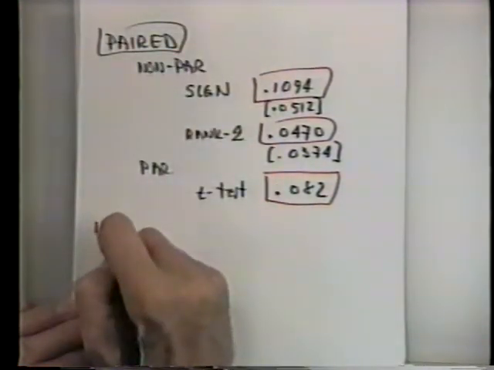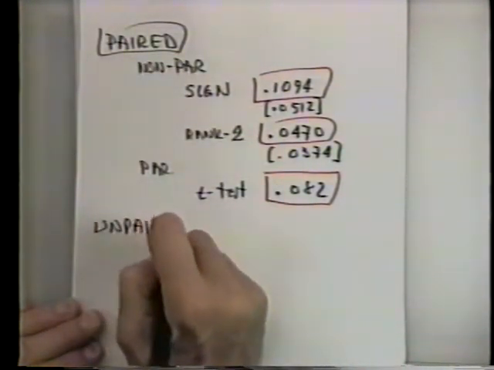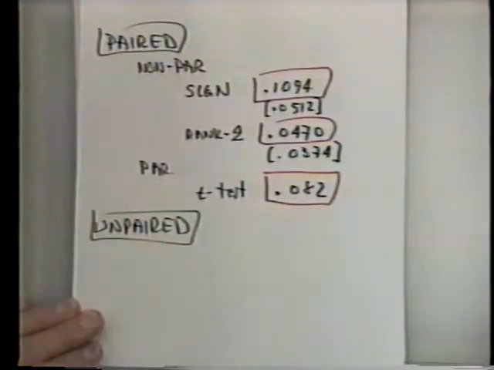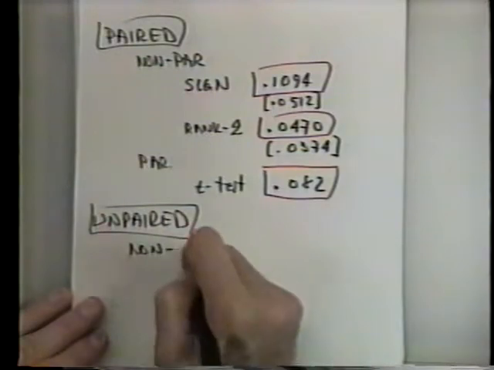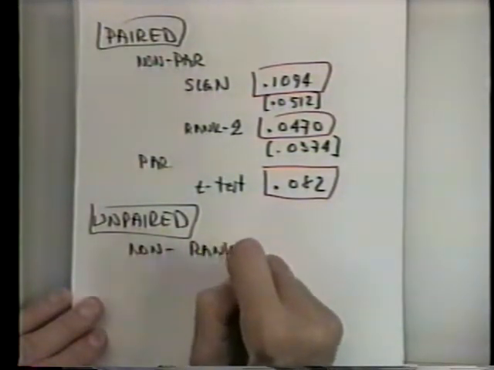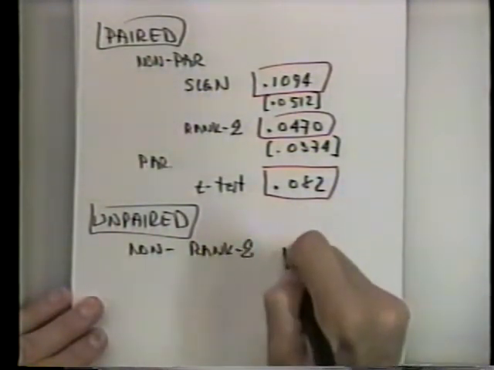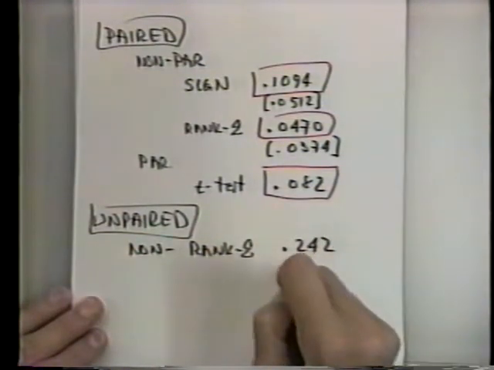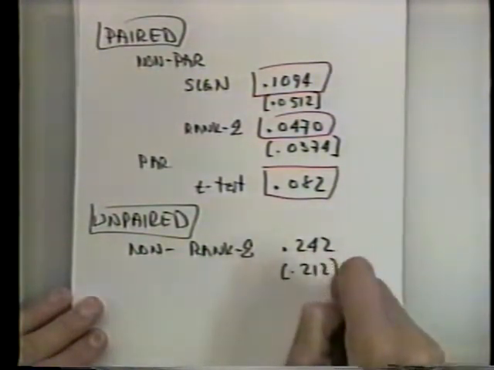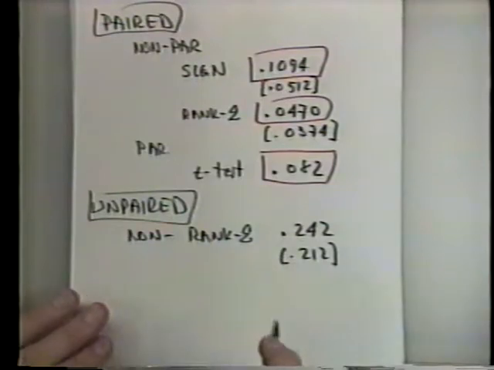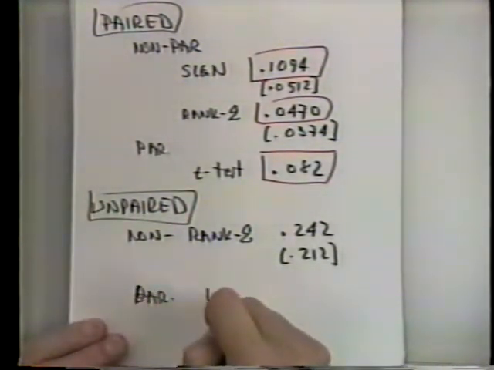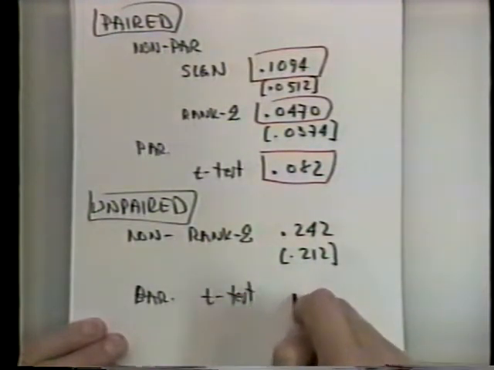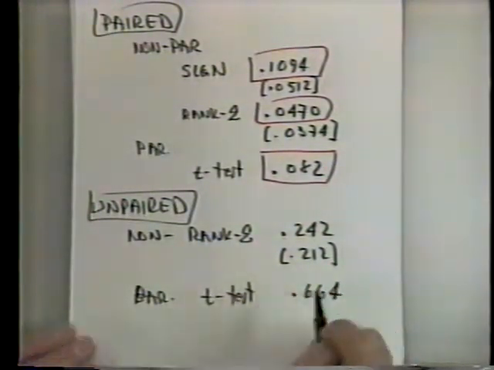Now we'll do the unpaired associated with these. The unpaired tests we had were the non-parametric rank sum, which had a p-value of 242 and an inaccurate p-value from the asymptotic one of 212. And the unpaired t, so the parametric t-test, unpaired, and that was 664.